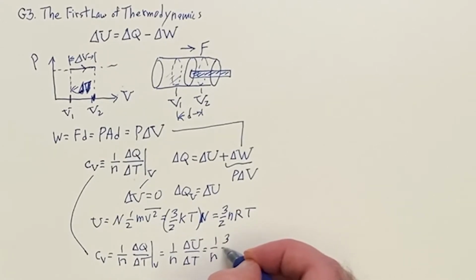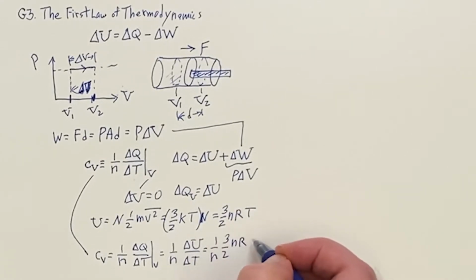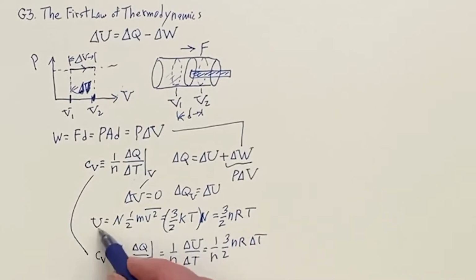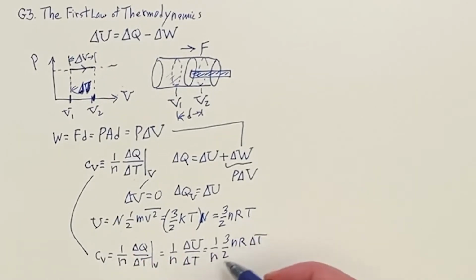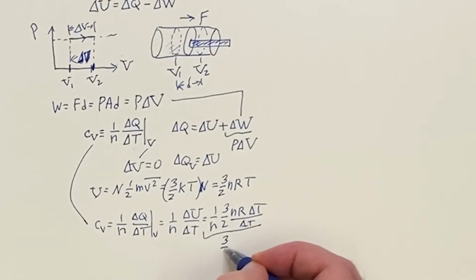So this is 3/2 nR delta T. A delta U is just going to have that delta T, and this is going to work out when you divide by delta T. This is going to work out to be 3/2 R. The specific heat at constant volume is 3/2 R.